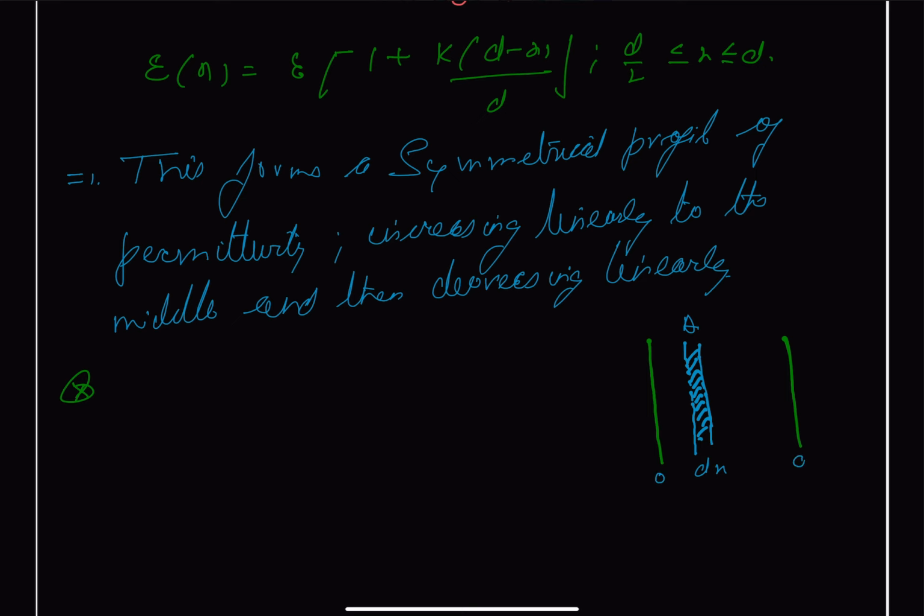So from this entire region we can consider small parts and they can be added. Its capacitance is, let us suppose, given as dC, and its permittivity is epsilon of x.